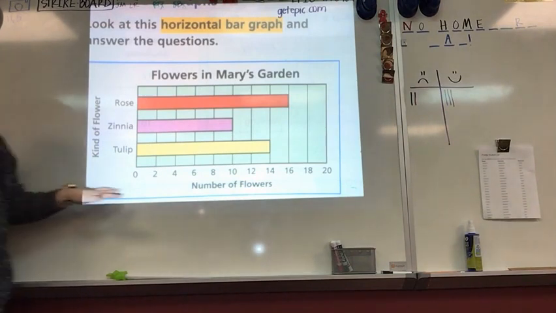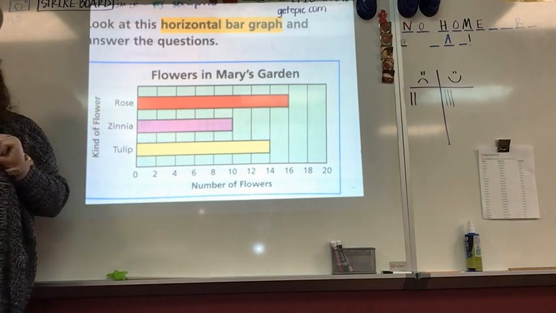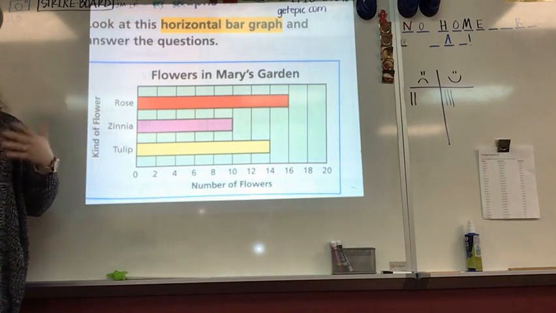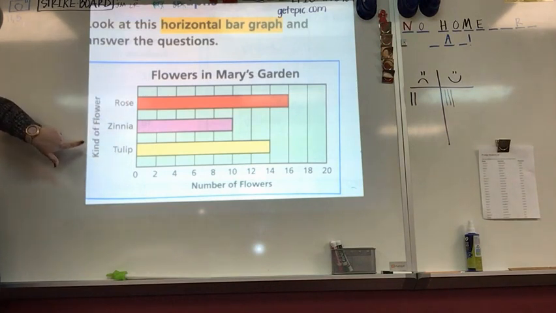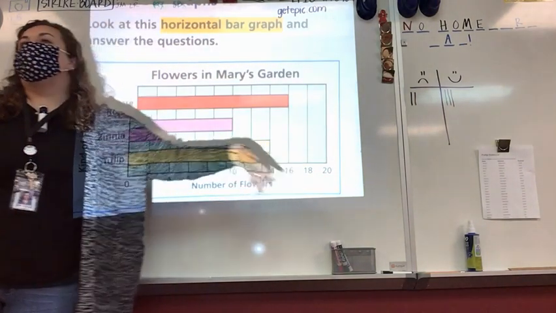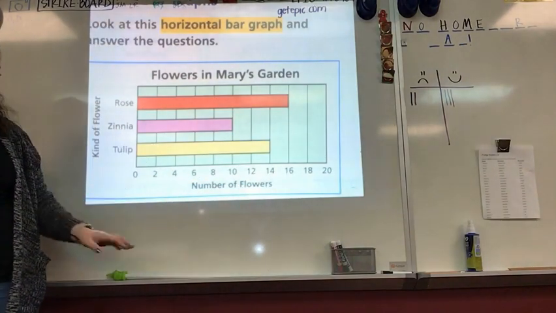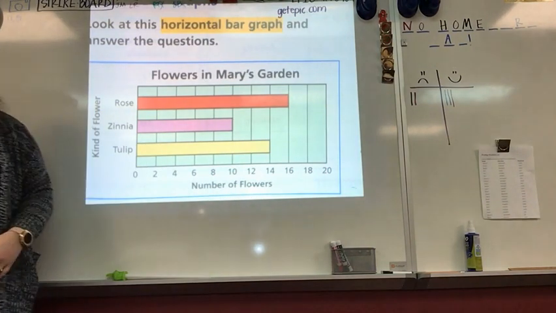Now we have an x-axis and a y-axis, and there's always some labels. They tell us what we're talking about. This one tells us that these are the kinds of flowers. And whenever you have numbers, you have to ask what that's telling us. This time it's telling us the number of flowers.